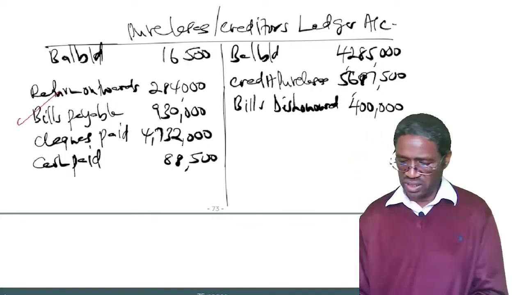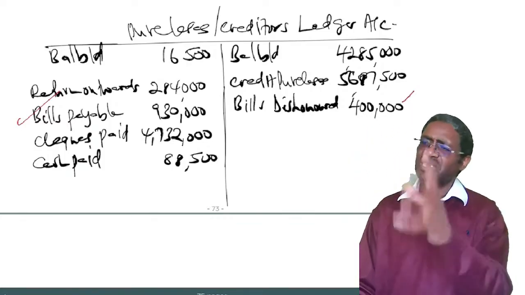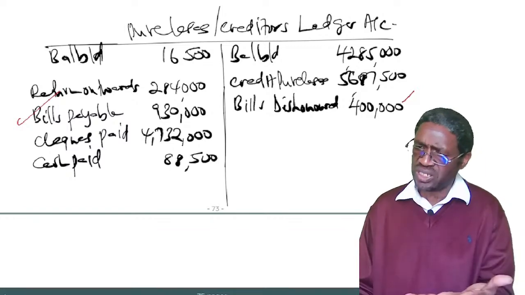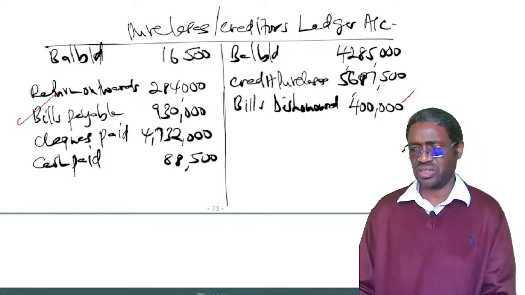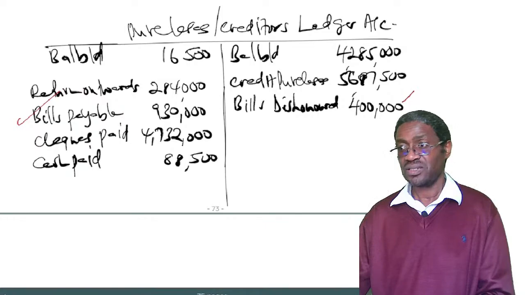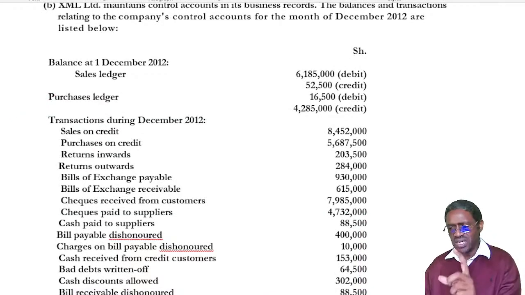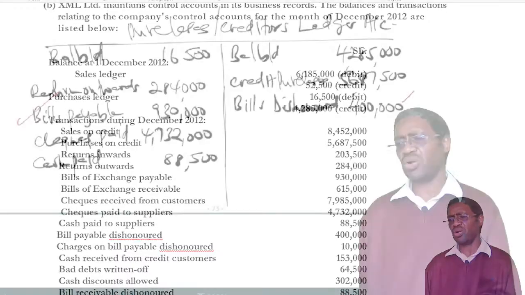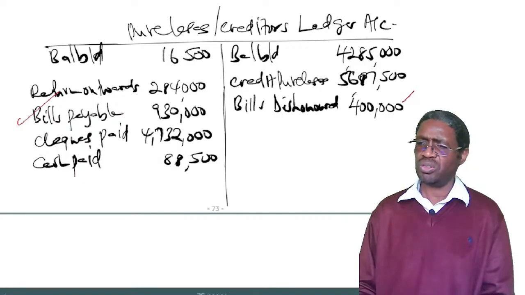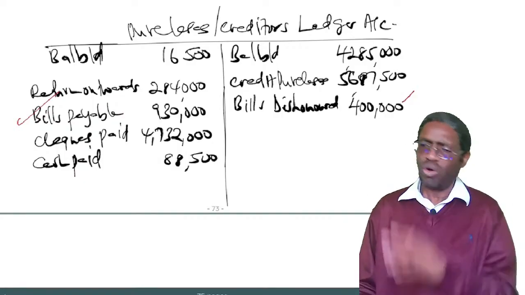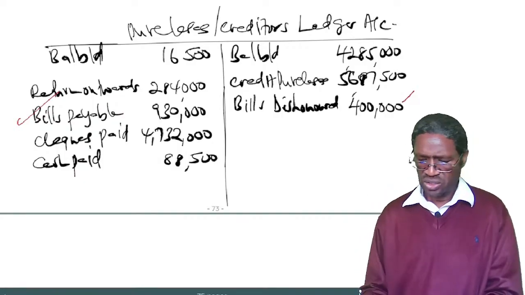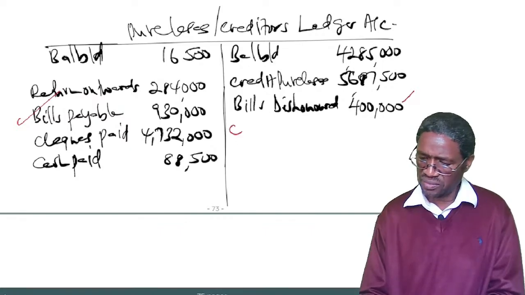We have credited. Now the supplier is even charging us more interest or whatever charges they are saying. Charges on the bill payable dishonored. So we incur more losses. We owe them more. They are charging us interest or whatever charges it is. So come and see here, charges.